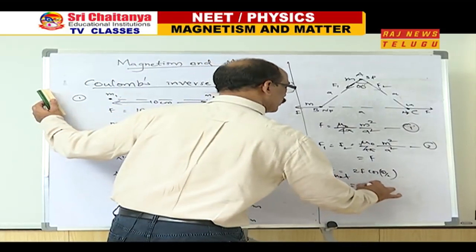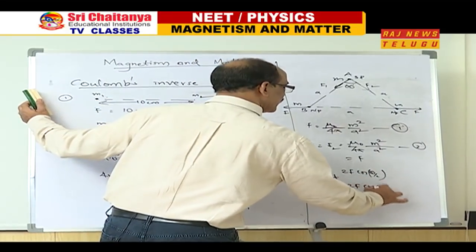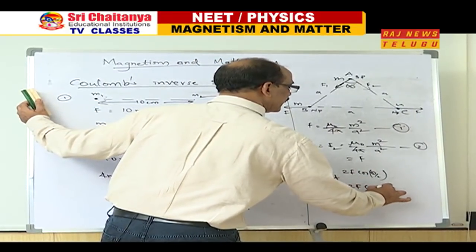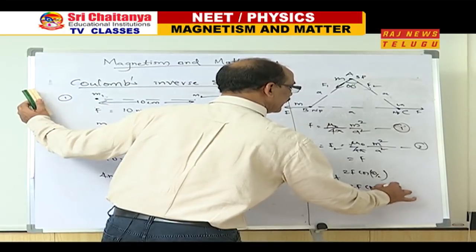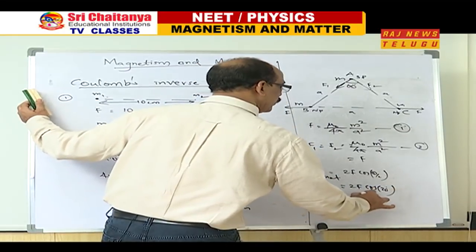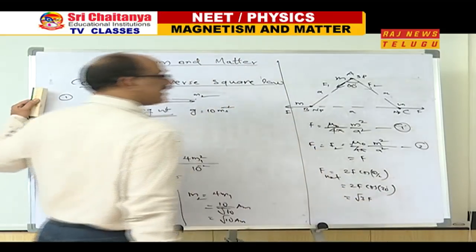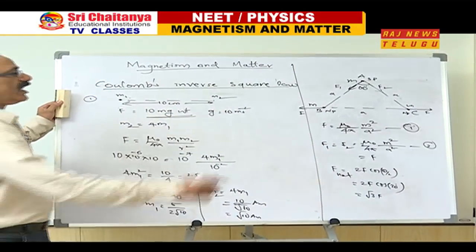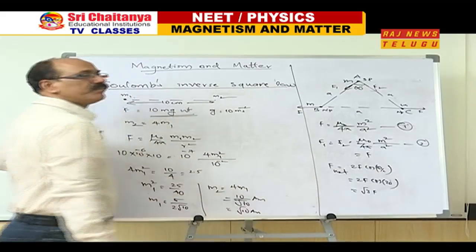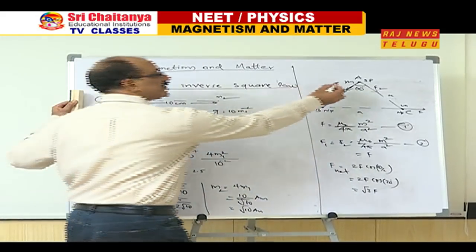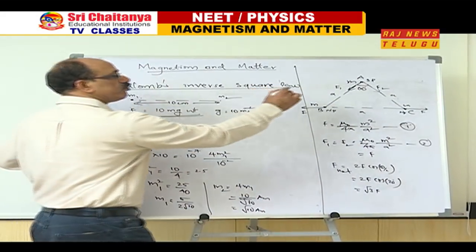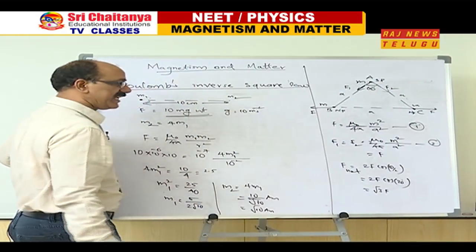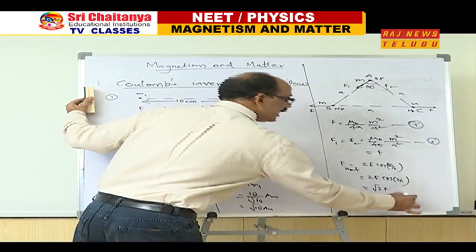Therefore, it is 2F cos 60 by 2, which is cos 30 degrees, and cos 30 is root 3 by 2. So therefore, the net force experienced by the unlike pole of same magnetic pole strength placed at the third vertex is given by root 3 times F.